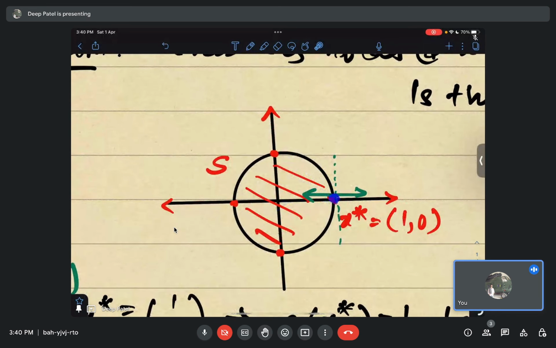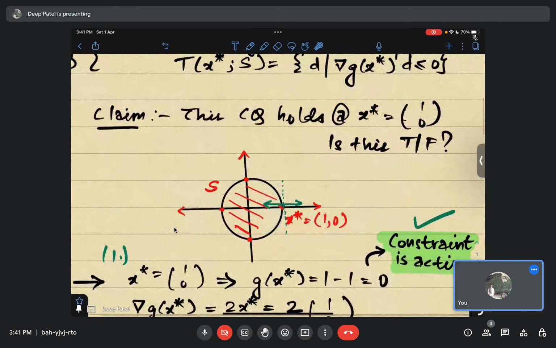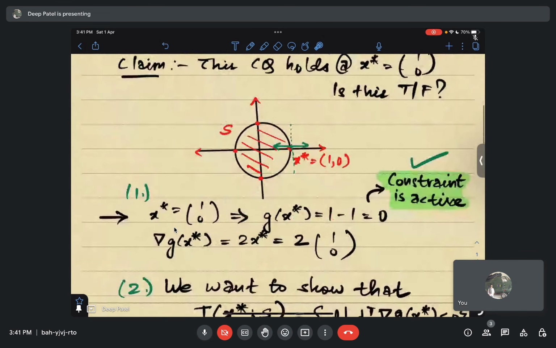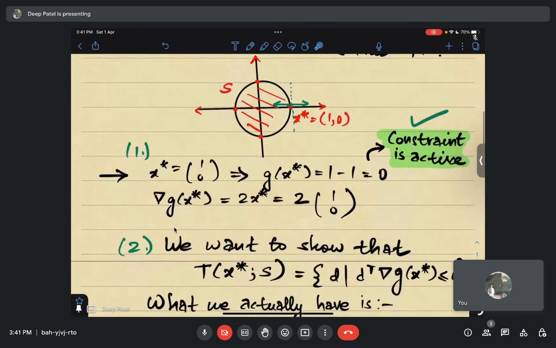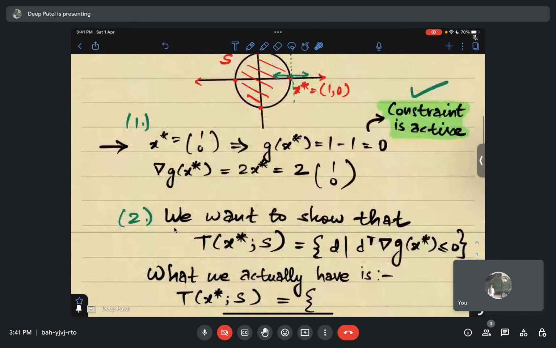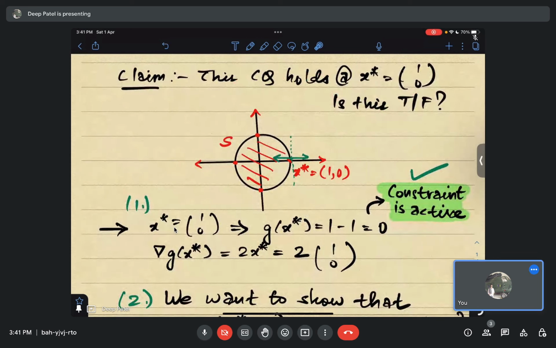If you are at this point, you can come from all possible directions, right? So what can we say based on this? Those directions should make an acute angle with the normal. All those directions.